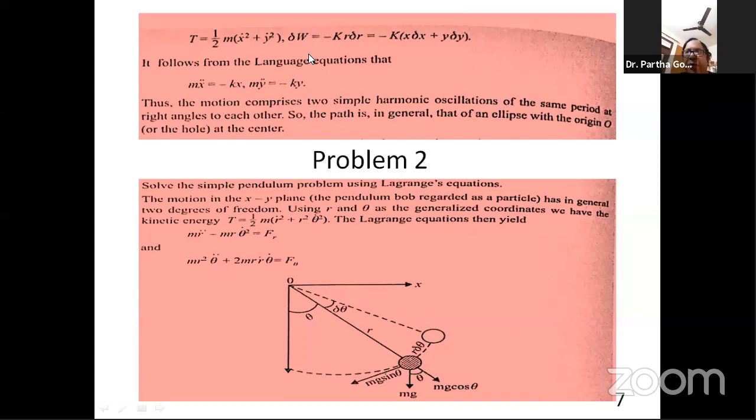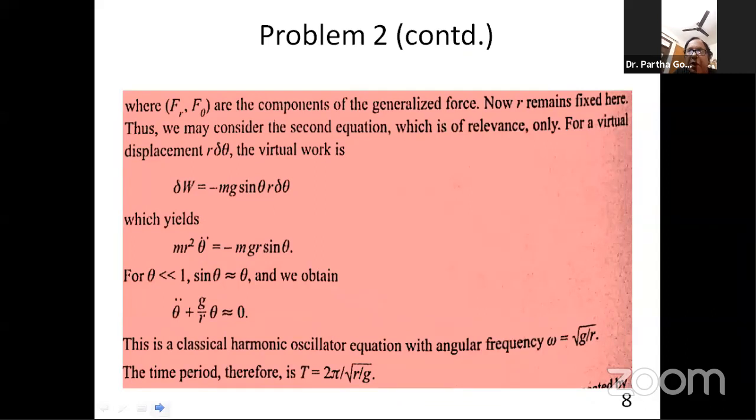Slide. We go to the 8th slide, right? I think it is clear. In the 8th slide, F r and F theta are components. Here r remains fixed.